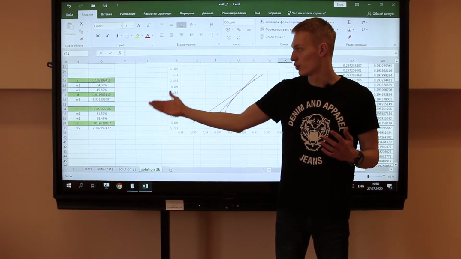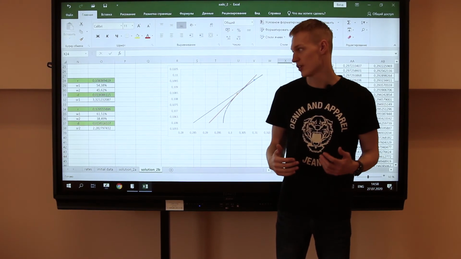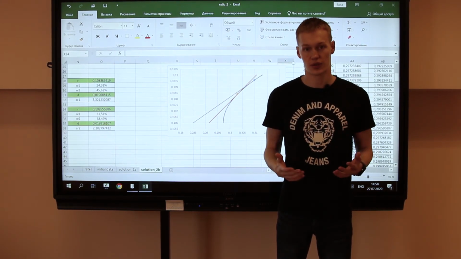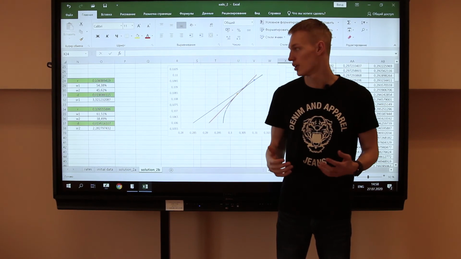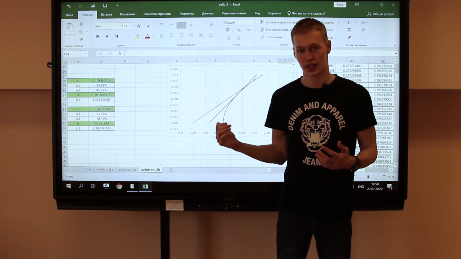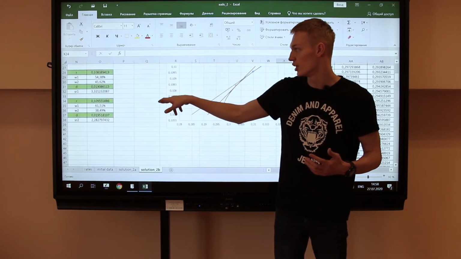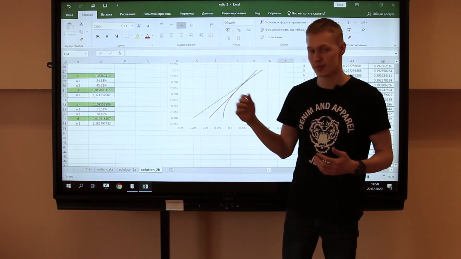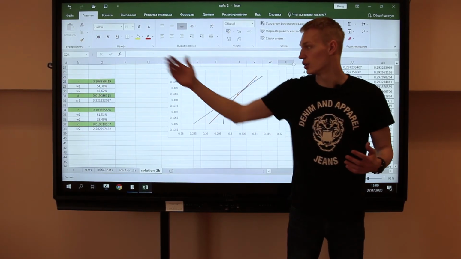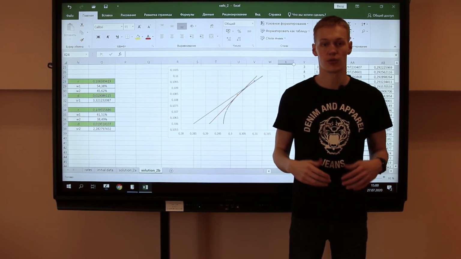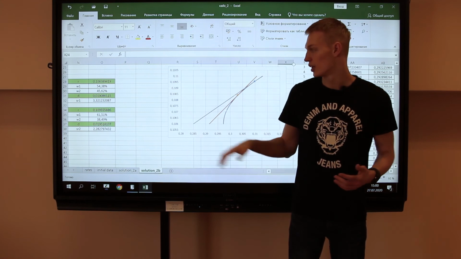As you can see, we get a different allocation of assets according to the Markowitz optimization strategy due to the fact that capital allocation line depends on the risk-free rate. So for different risk-free rates, you will get different points. I want to emphasize that none of these portfolios would be optimal for a risk-averse investor.